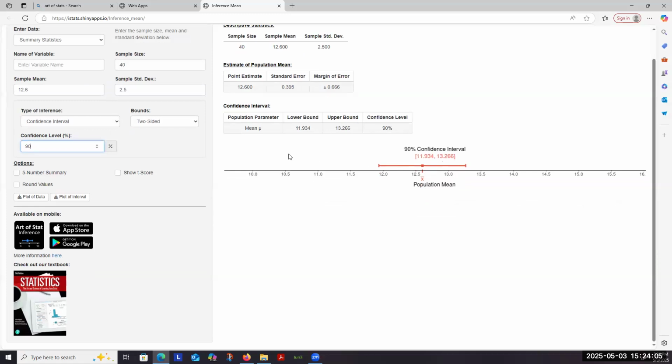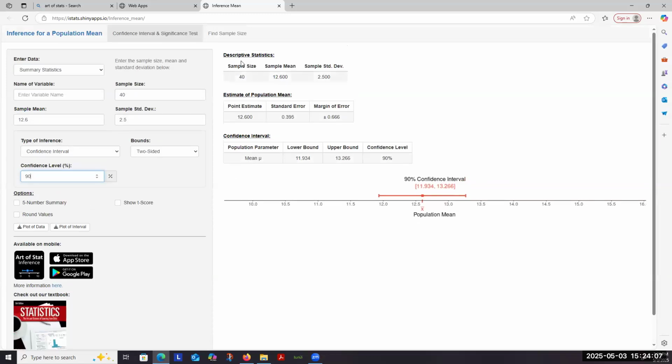Okay, so you get your interval if you want to use this one. If you take a screenshot and just paste it in your solution, we accept it, but you have to explain. Remember, you make a comment, there is a 90%, and the comments regarding the case.